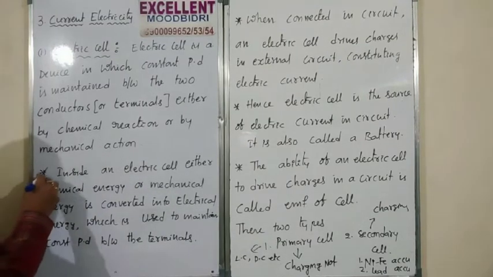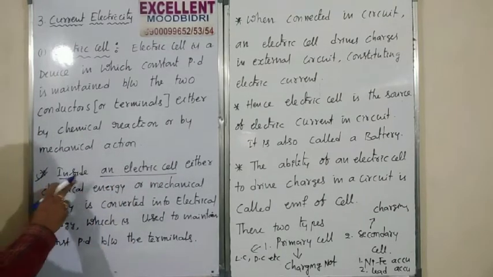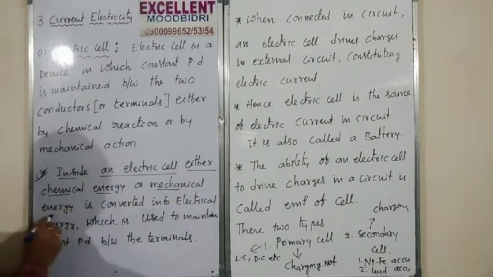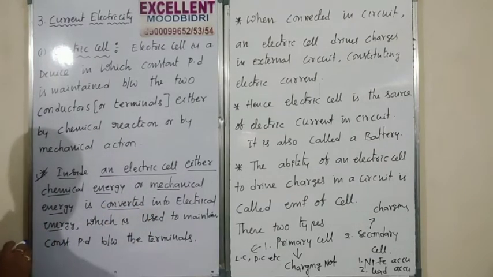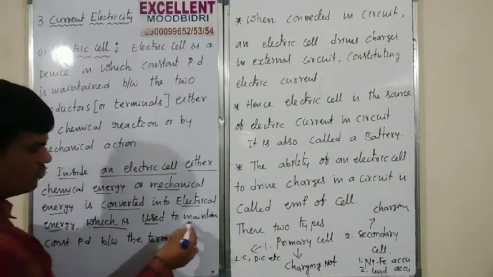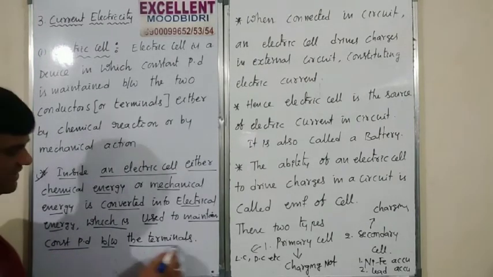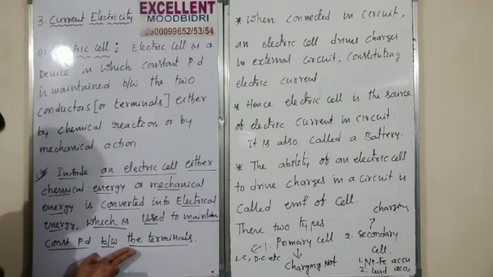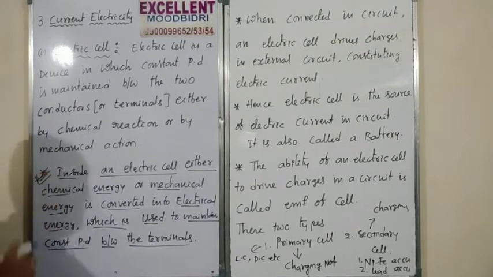Again, one more time: inside an electric cell, either chemical energy or mechanical energy is converted into electrical energy, which is used to maintain constant potential difference between the terminals, and that is known as a cell.